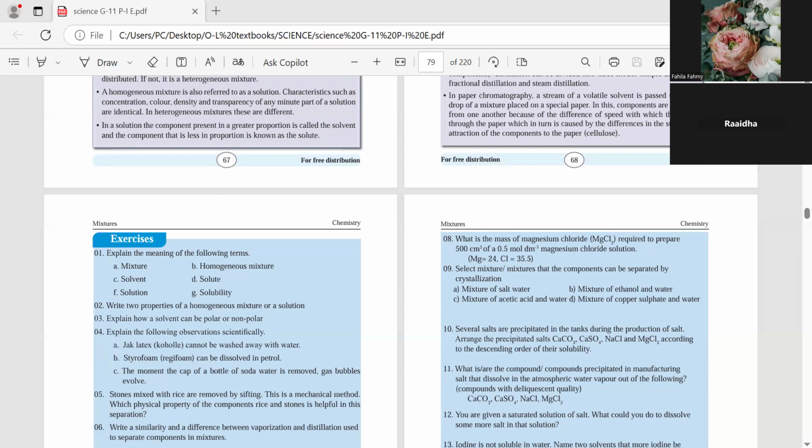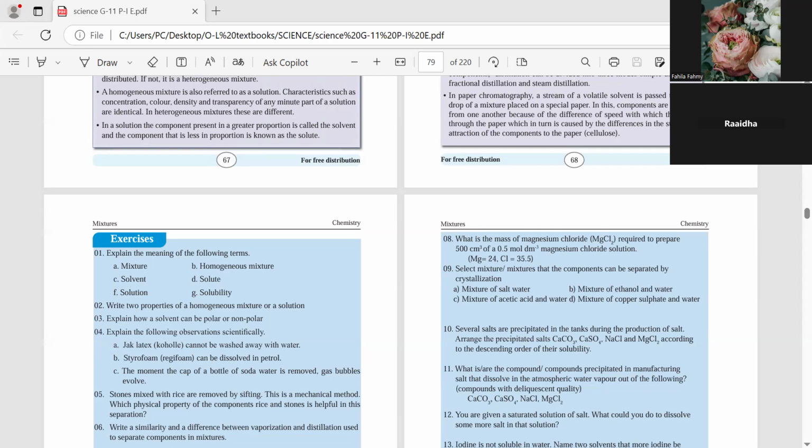And the first part is some terms and types of mixtures. Types of mixtures, and what do you have to learn? Some terms. Clear? This is the whole lesson, but it's a very long lesson. So you should have this map in your head. Clear?